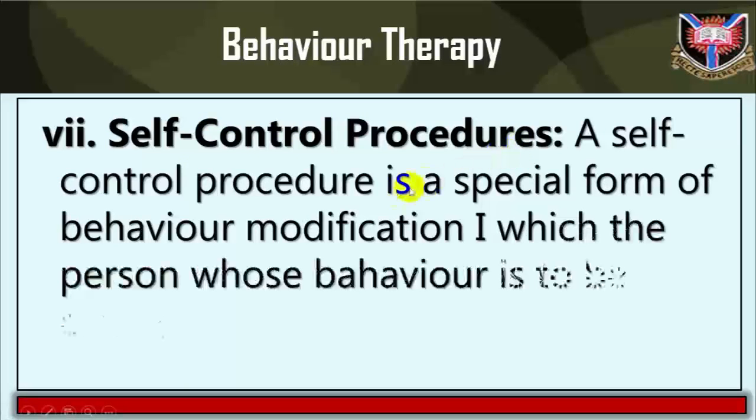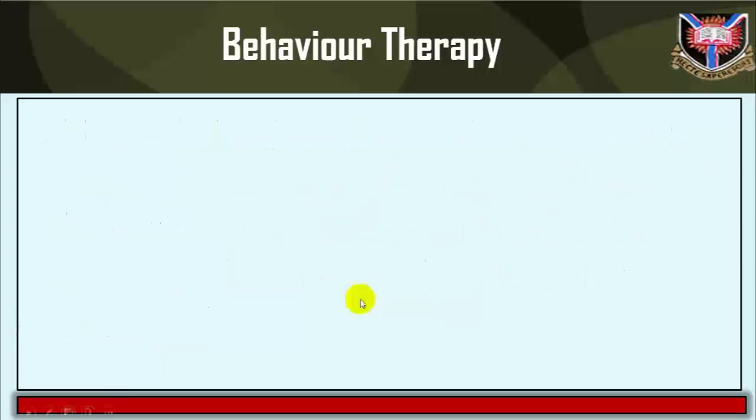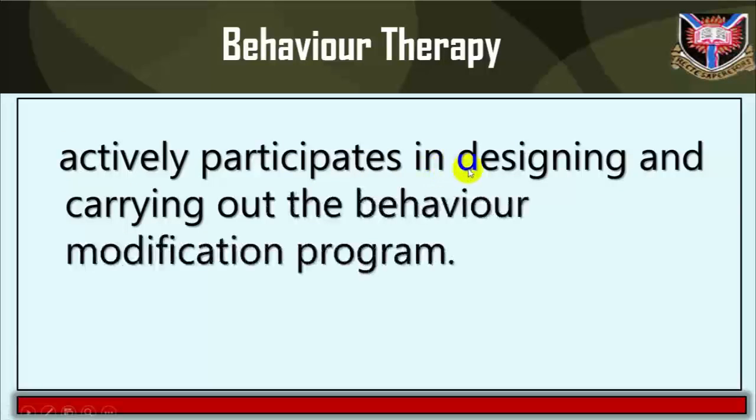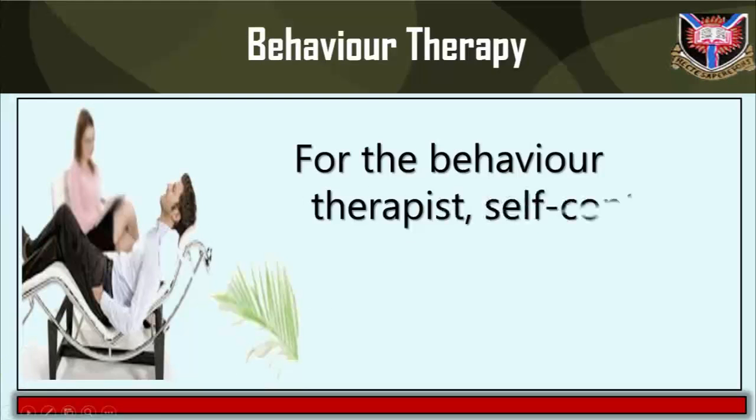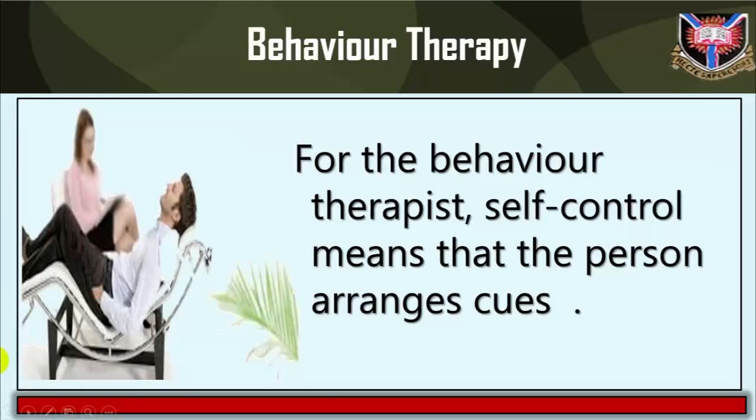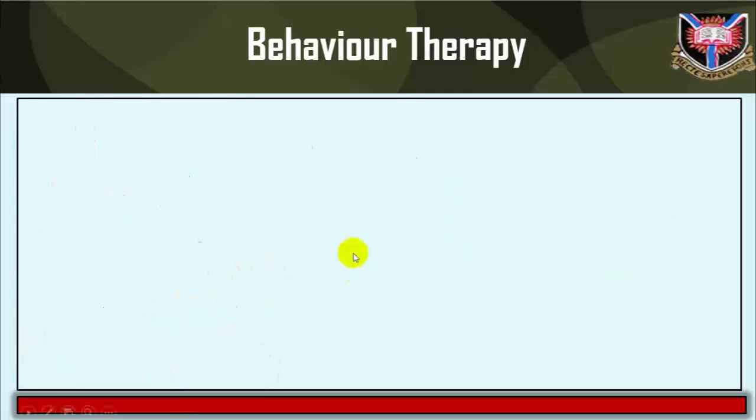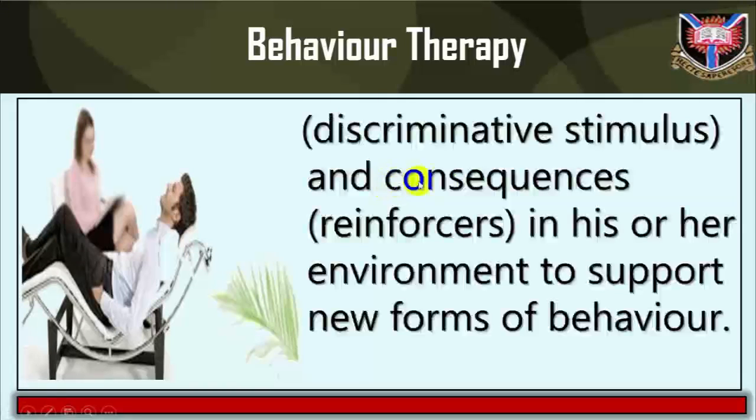A self-control procedure is a special form of behavior modification in which the person whose behavior is to be changed actively participates in designing and carrying out the behavior modification program. For the behavioral therapist, self-control means that the person arranges cues, discriminative stimuli, and consequences, that is, reinforcers, in his or her environment to support new forms of behavior.